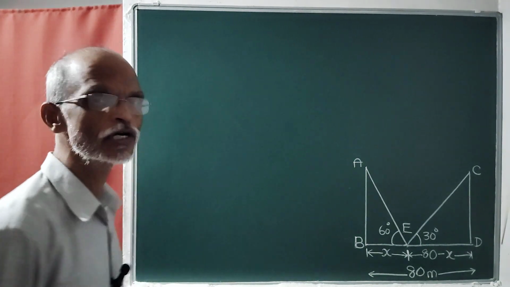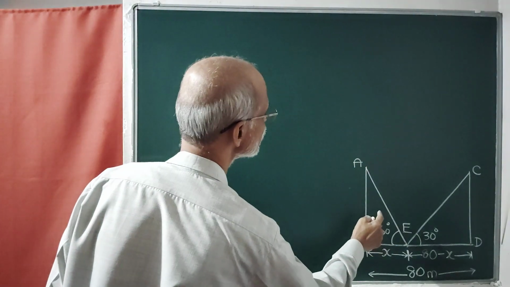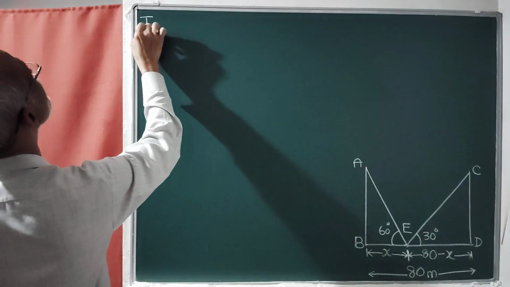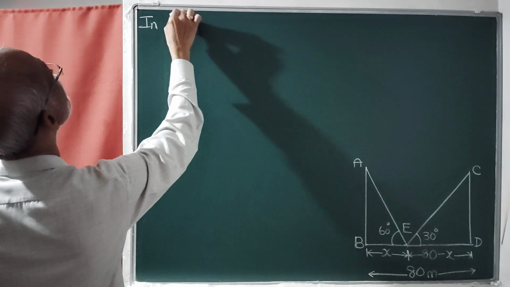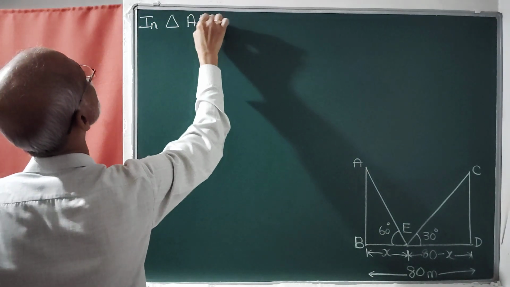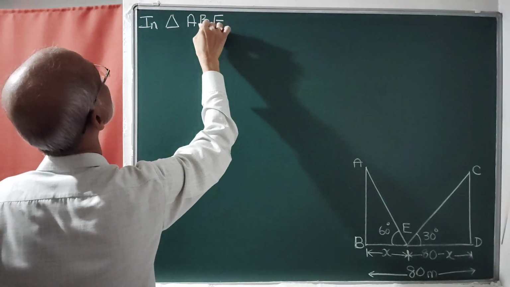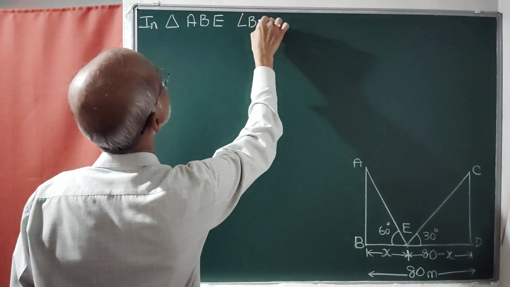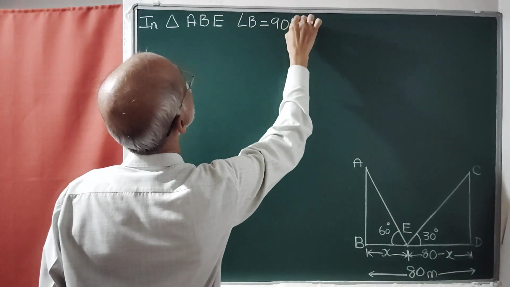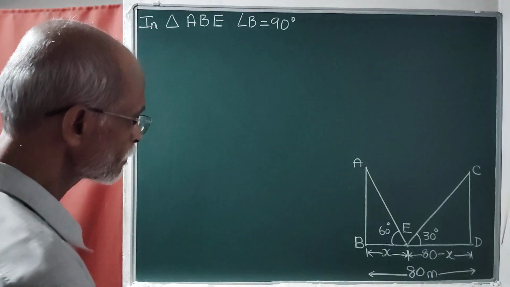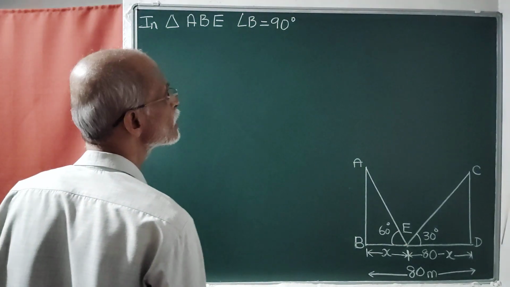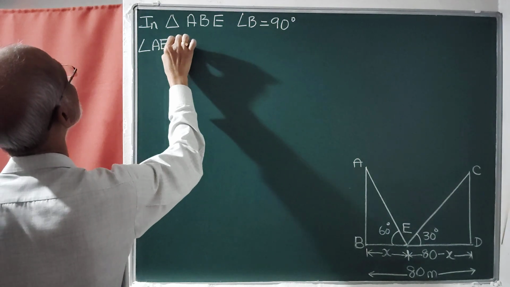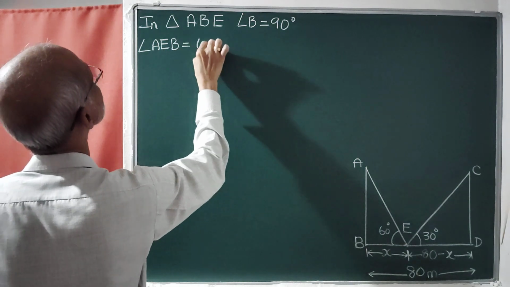Now there are two triangles. We'll take this triangle ABE. In triangle ABE, angle B is equal to 90 degrees. Angle AEB is equal to 60 degrees.